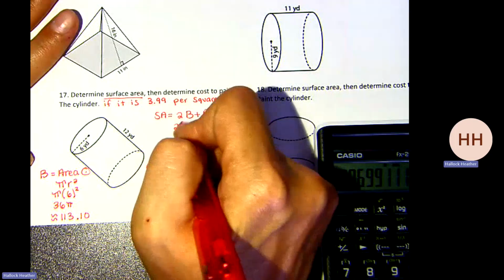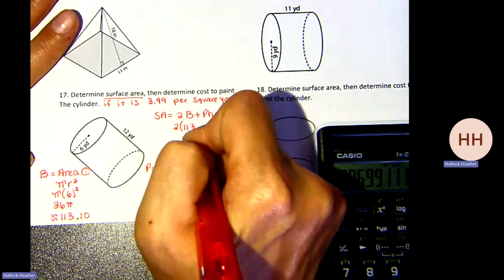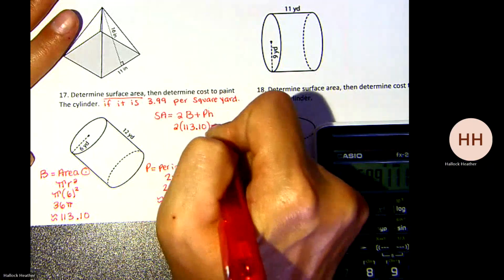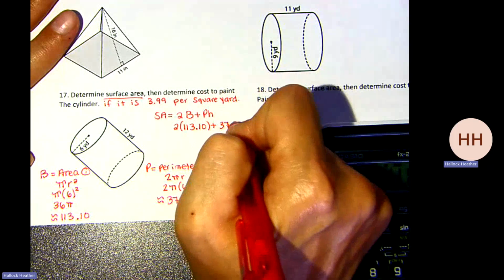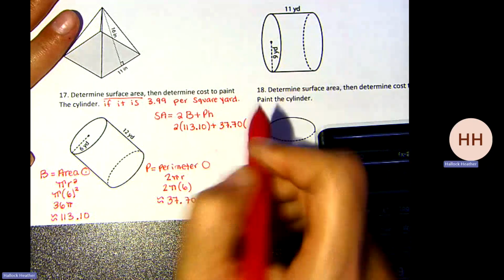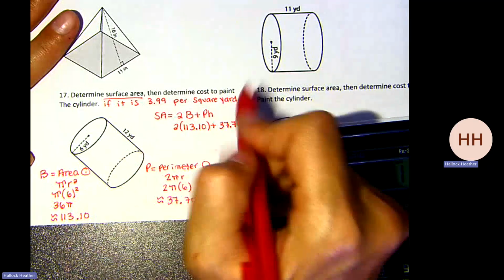So I'm doing 2 times big B, which is 113.10, plus the perimeter, which is P, 37.70, times the height, which is 12.